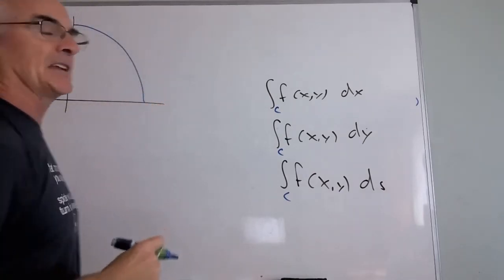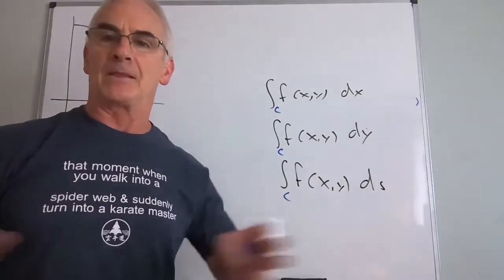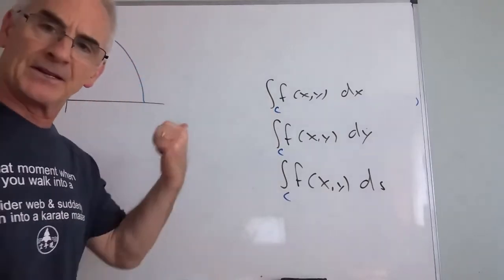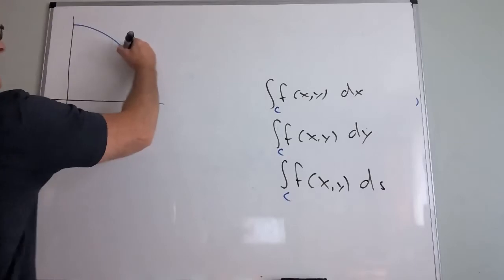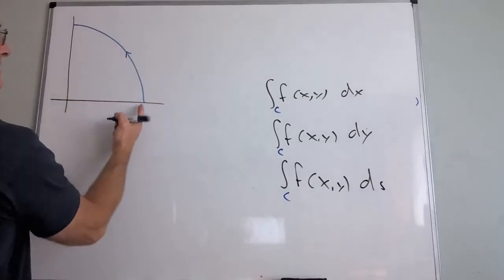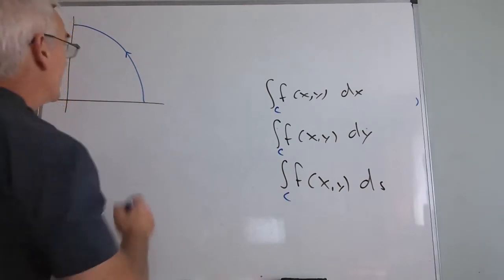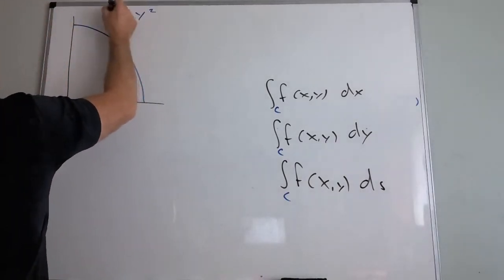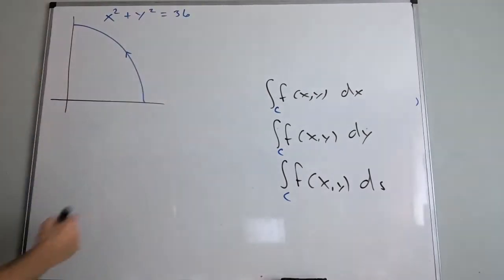Now what's interesting is the orientation. Whenever you're doing a path, you could make the orientation whatever you want, but in a trig-ish situation, because I'm going to have sines and cosines, we typically will do our path in increasing angles. So I generally do my path in this direction. So let's say this is x squared plus y squared equals, I don't know, how about 36.